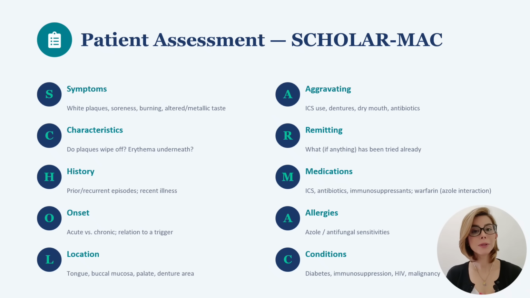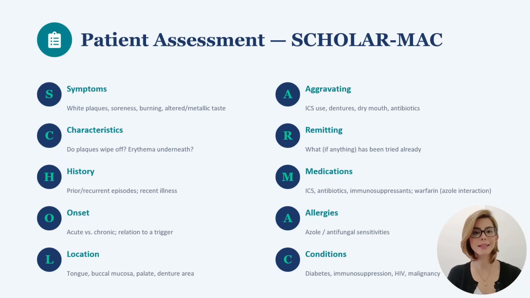Okay, let's put that into a structured assessment using SCHOLAR-MAC, a framework you probably already know and love. Start with symptoms: white plaques, soreness, burning, altered or metallic taste. Characteristics: do the plaques wipe off? And is there redness underneath? History: any prior or recurrent episodes?